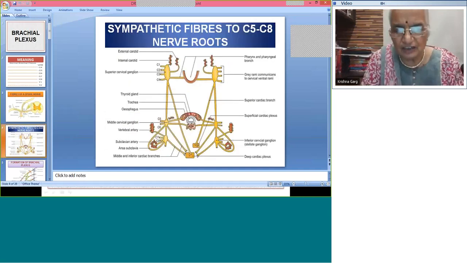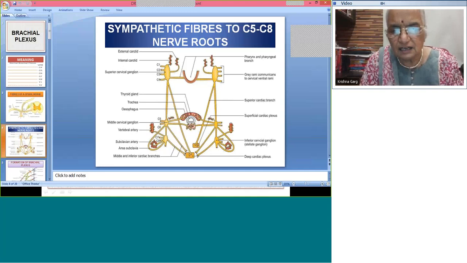How do the fibers to cervical 5, 6, 7, 8 nerves reach? These particular fibers arise from T1, T2, T3, and T4 segments of the spinal cord. They ascend up in the sympathetic chain and reach the middle cervical ganglia and the inferior cervical ganglia.